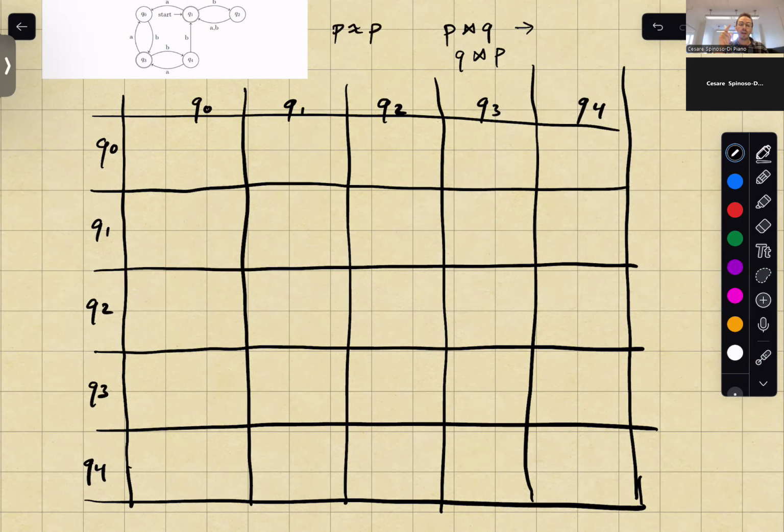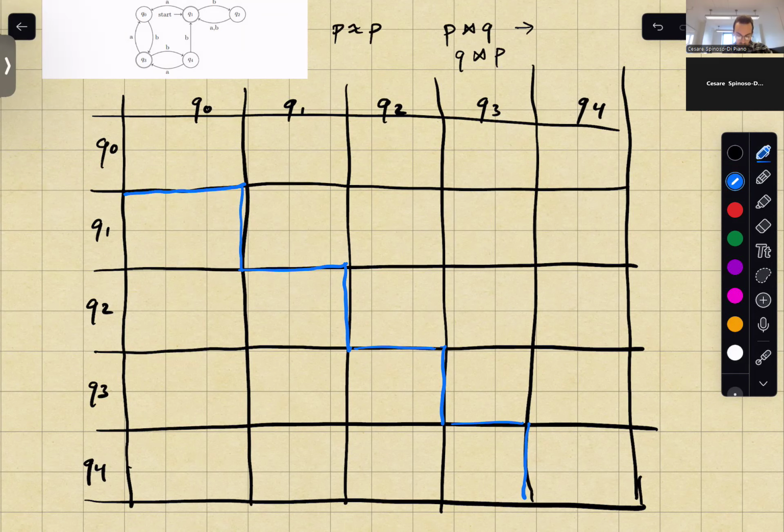It'd be a bit weird if a state encoded different information from itself. So I'm just going to focus on the lower triangular part of this matrix, or of this 2D array.